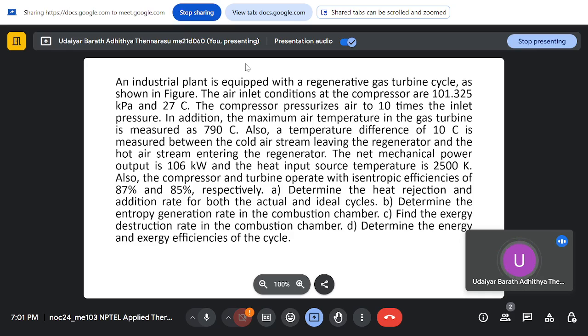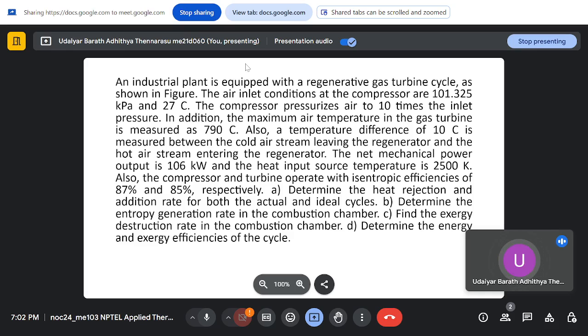The net mechanical power output is 106 kilowatt and the heat input source temperature is 2500 Kelvin. Also, the compressor and turbine operate with isentropic efficiencies of 87% and 85% respectively. Determine the heat rejection and addition rate for both the actual and ideal cycle.